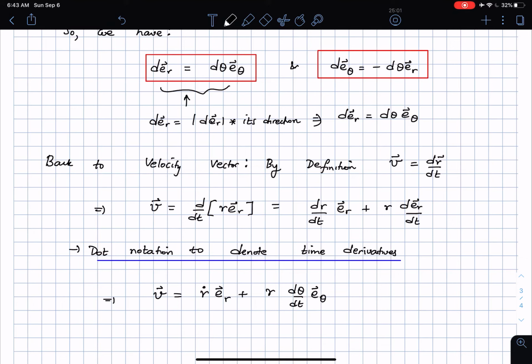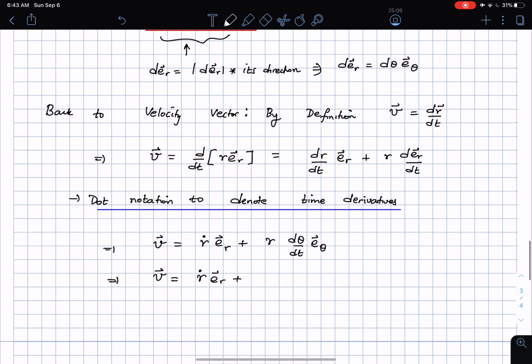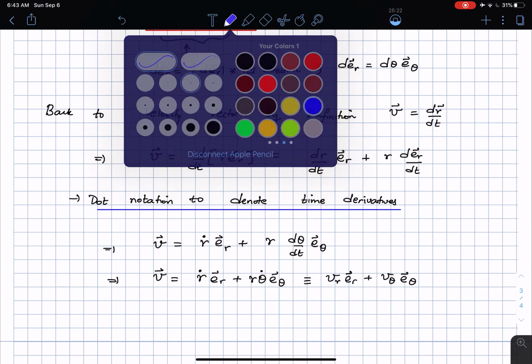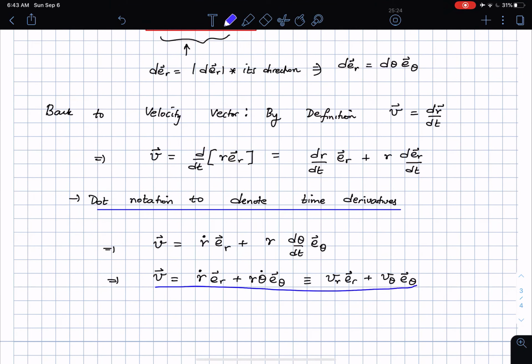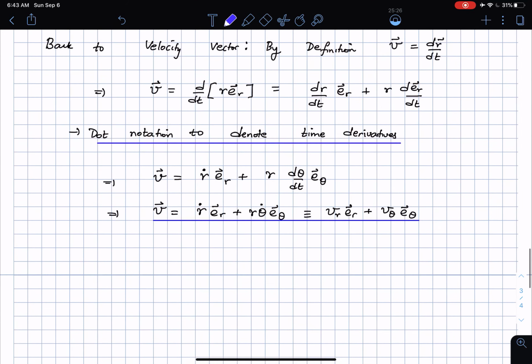This can be written further as v is equal to r dot er plus r theta dot e theta, which can be called vr er plus v theta e theta. This is a fantastic expression, and it will be very, very useful when we start solving problems.